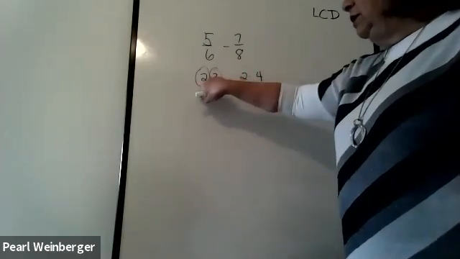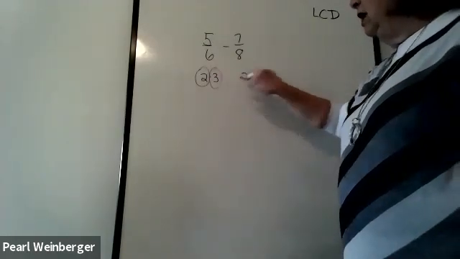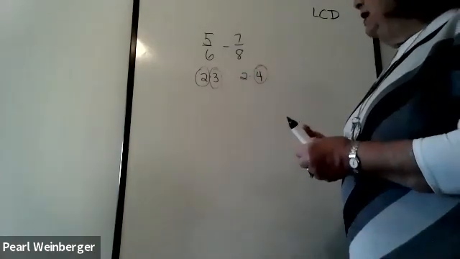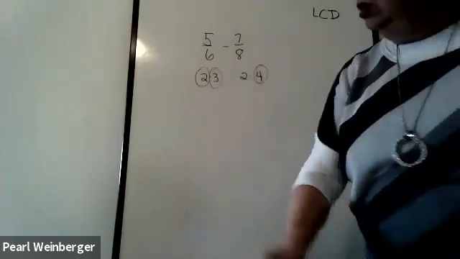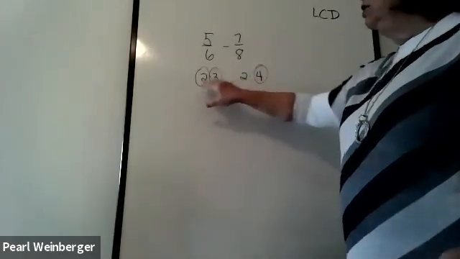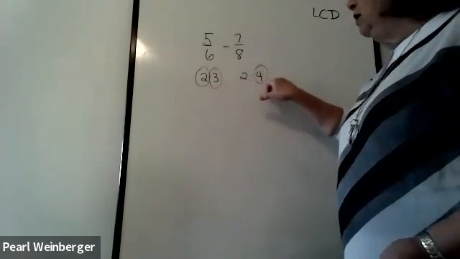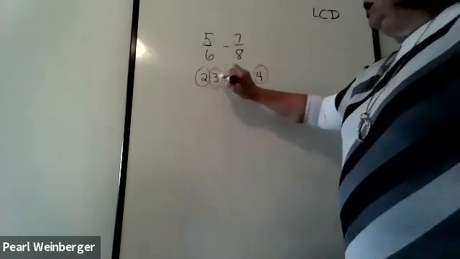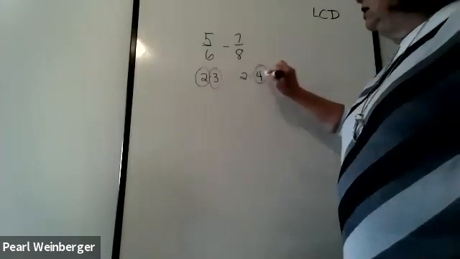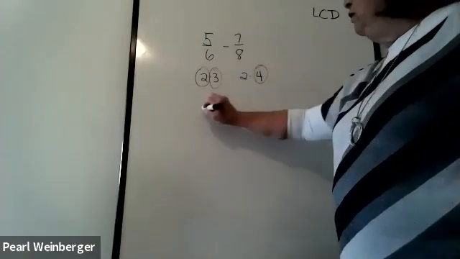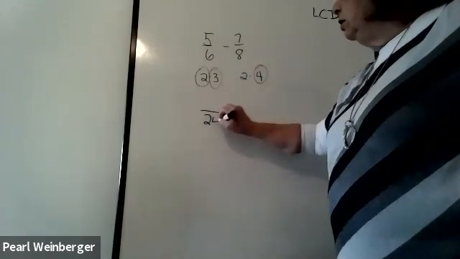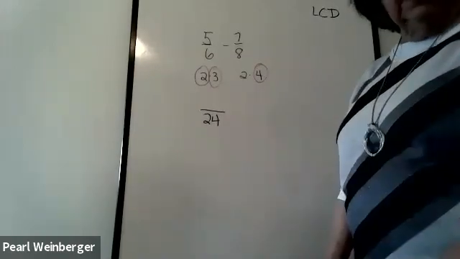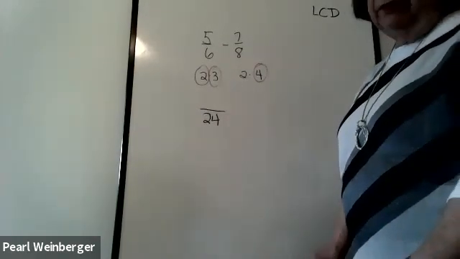Well, 2 has already been circled, so I don't need it circled again, but 4 has not. So therefore, I now have 3 numbers circled, 2, 3, and 4. Multiply those numbers together. 2 times 3 is 6. 6 times 4 is 24.